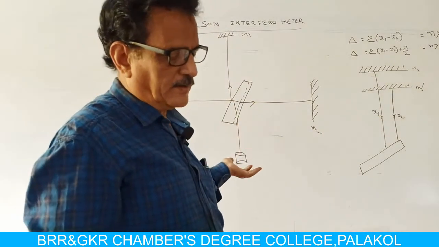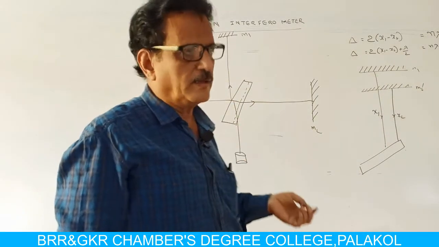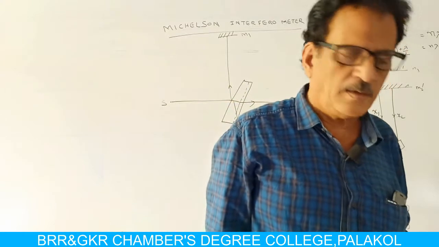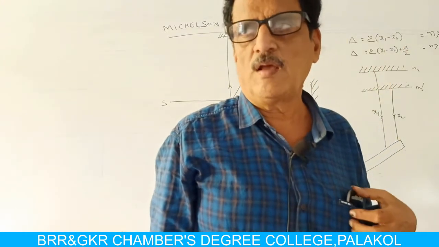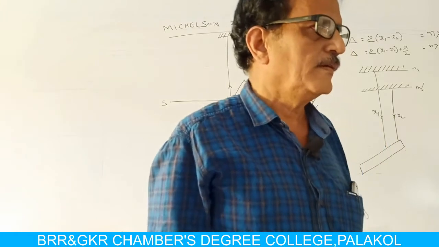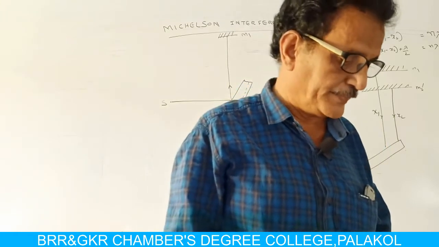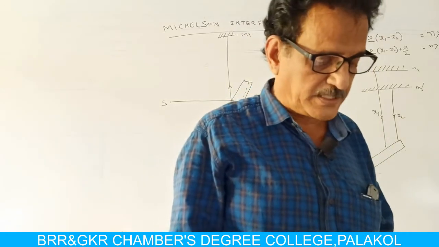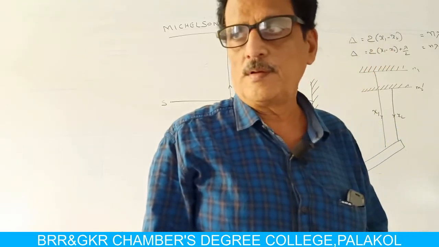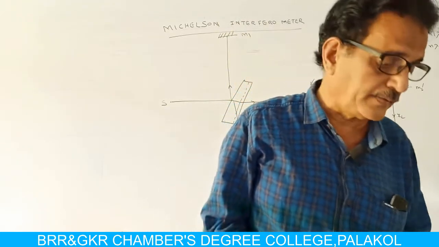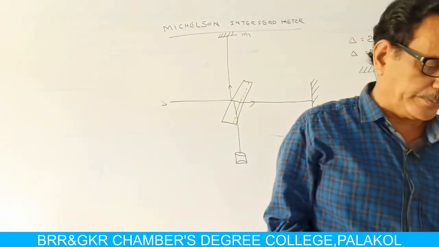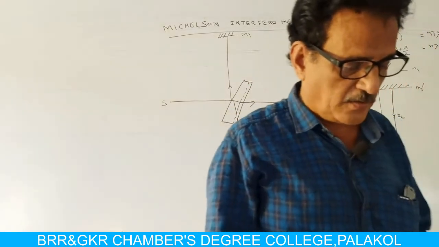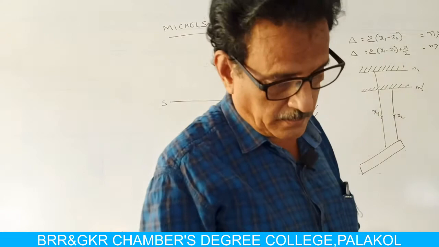The theory behind this is the resultant displacement of the two rays when they superpose on each other, given by y equal to y1 plus y2. Taking the exponential forms of y1 and y2, we can calculate an expression for the intensity of the bright fringe as 4a square cos square theta by 2.